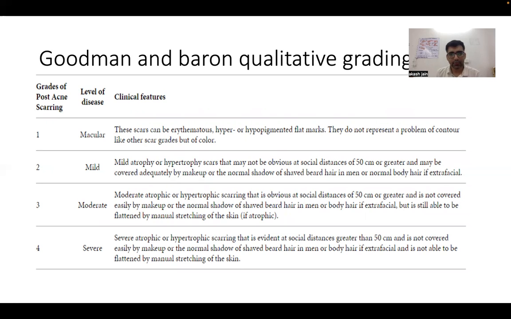Second is mild atrophy or hypertrophy, which may not be obvious at a social distance of 50 centimeters. Third is moderate atrophic scarring, which is obvious at a social distance of 50 centimeters and is not covered easily by makeup. Severe is atrophic or hypertrophic scarring that is evident at a social distance of more than 50 centimeters, is not covered easily by makeup, and is not able to be flattened by manual stretching.